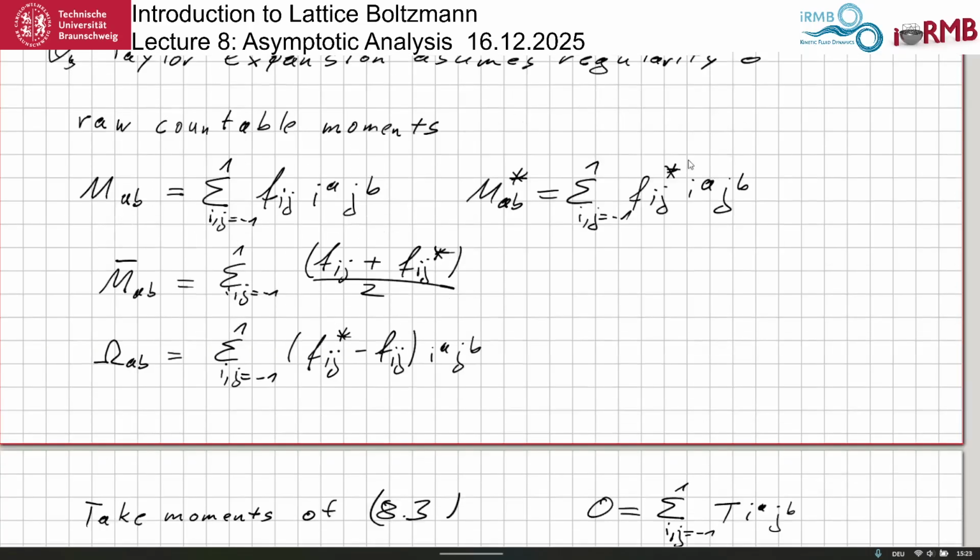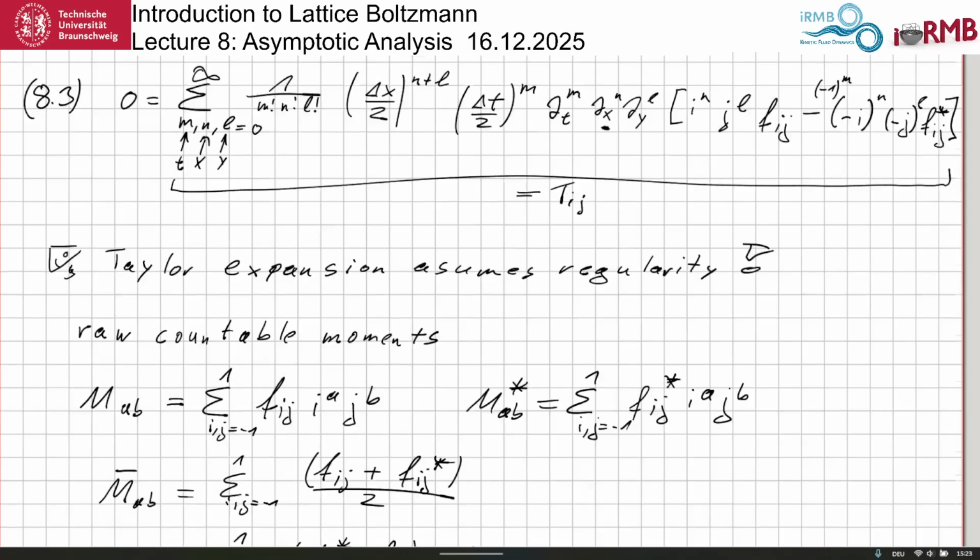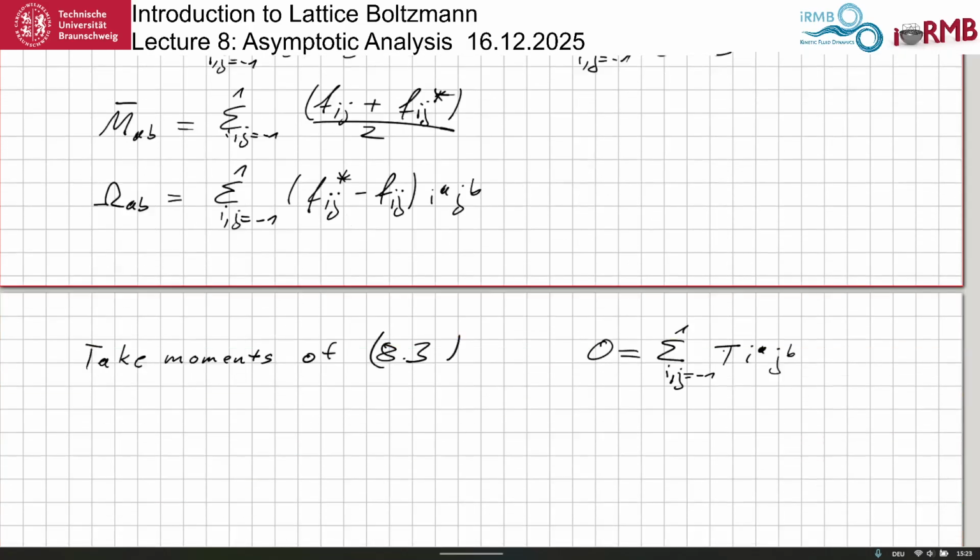Maybe I do a small change in nomenclature, because we have i and j everywhere. I call this thing here T_ij, and obviously this here is T_ij. Of this I take the moments, and obviously all of that needs to be 0 because the thing itself is 0.